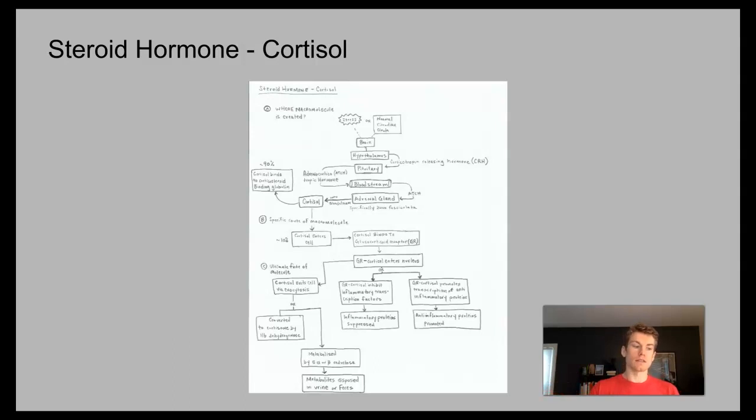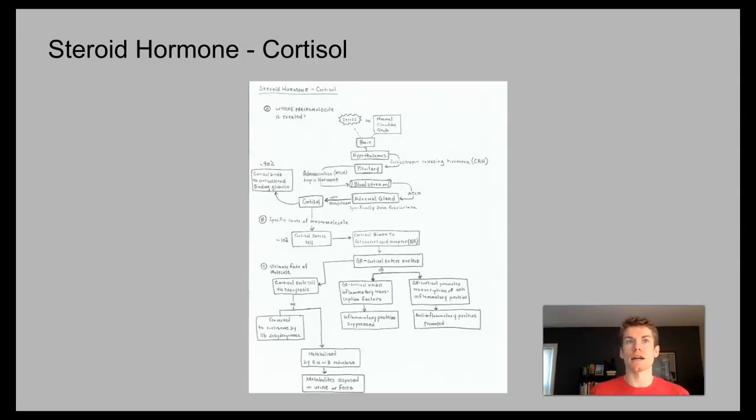This binding to that transcription pathway will actually inhibit the inflammatory protein's ability to be expressed and ultimately created. So that's one pathway cortisol can reduce inflammation in the body.